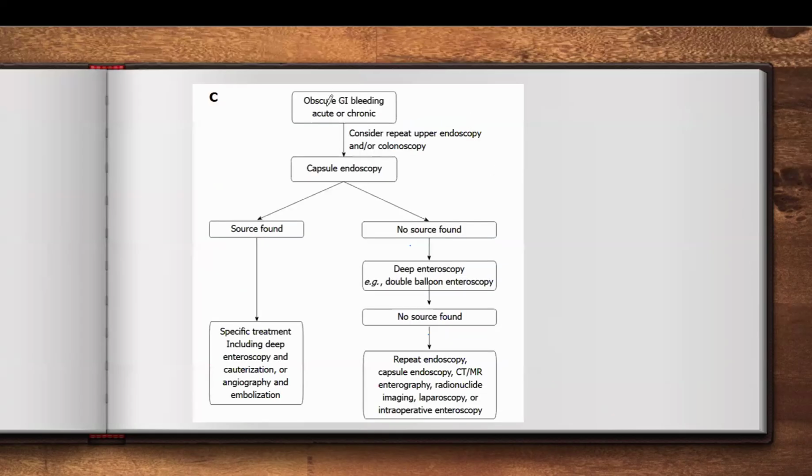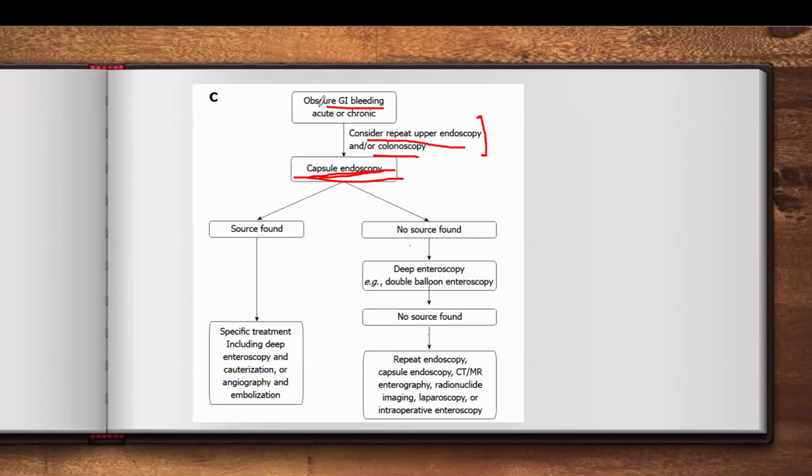For obscure bleeding, the first thing is to consider repeat upper endoscopy and colonoscopy. So this answers your question somewhat: if you have the option of repeating the colonoscopy or endoscopy, go with that. However, if you don't have that option or if they have already been repeated, then we go with capsule endoscopy.